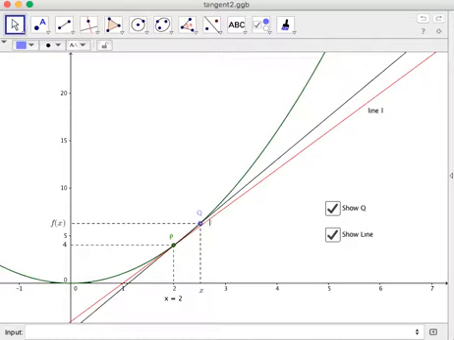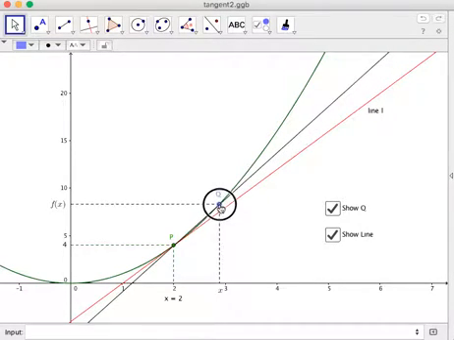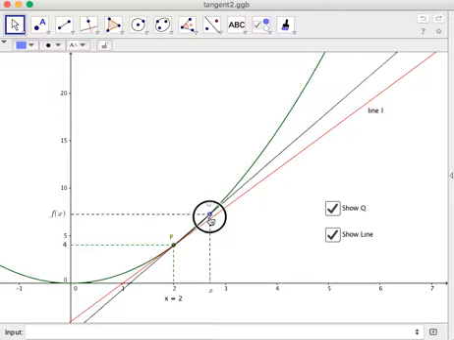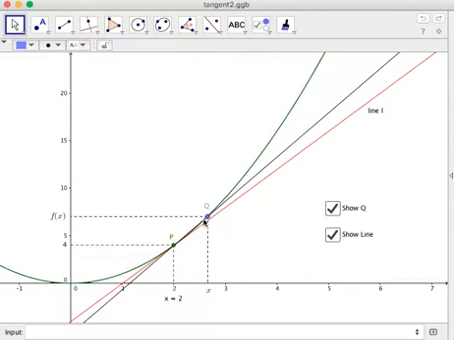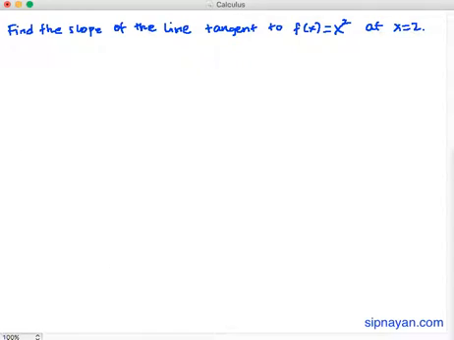Okay? So ang kailangan lang natin ay coordinates ng Q. So ano ba ang coordinates ng Q? Now, the coordinates of P are 2, 4.